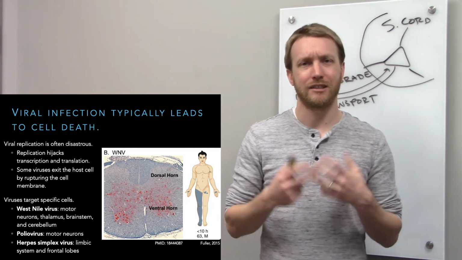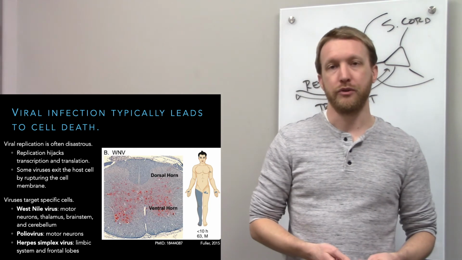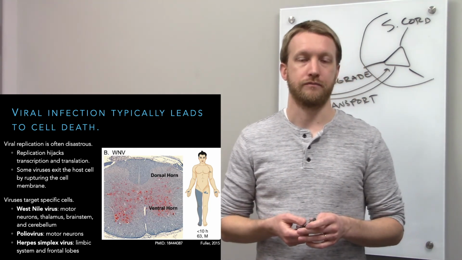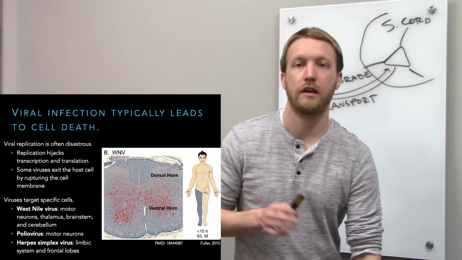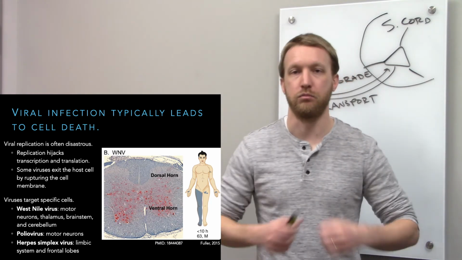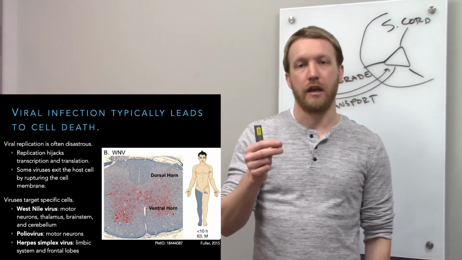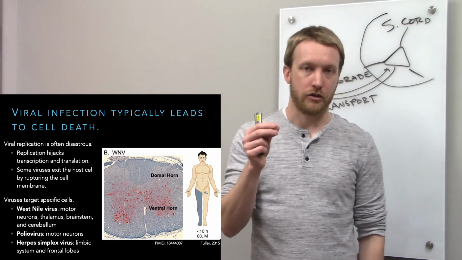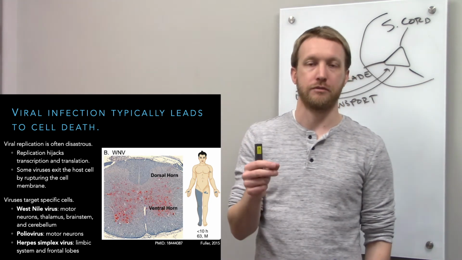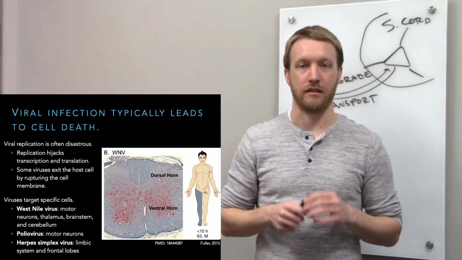So certainly that swelling is not a good thing, but viruses usually reproduce by killing off the host cell. So these are not good house guests. They don't go out the front door, they just blow up the house, and that's how they leave. So viral replication can occur without killing the host cell, but it's often going to occur in a disastrous manner where it causes rupture of the host cell. That's not a good thing.